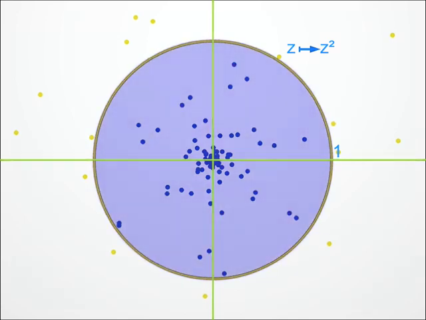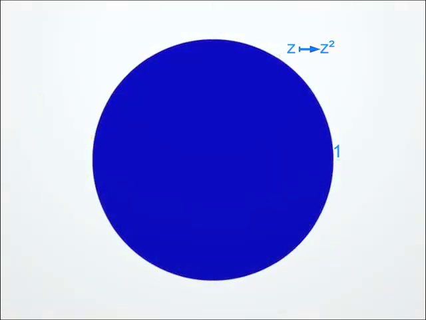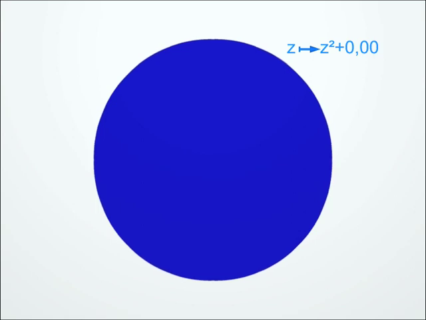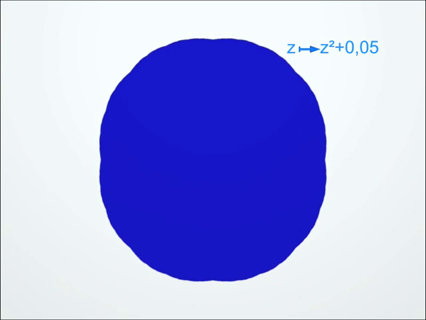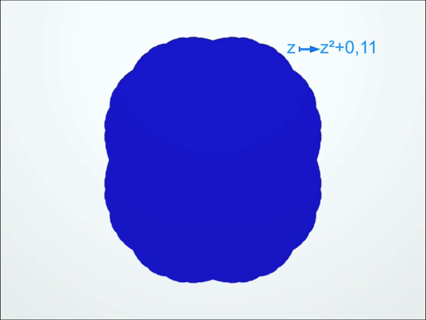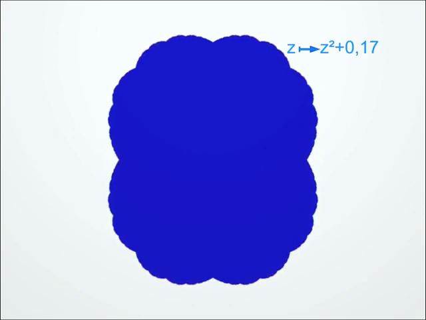One says that the blue disk is the filled-in Julia set of the transformation z squared. Points outside the Julia set escape to infinity when one repeats the transformation indefinitely. But we can play the same game with other transformations, like for instance those of the form z squared plus c, where c is a complex number that we can choose at will. For each complex number c, we therefore have a Julia set whose shape changes when c changes.